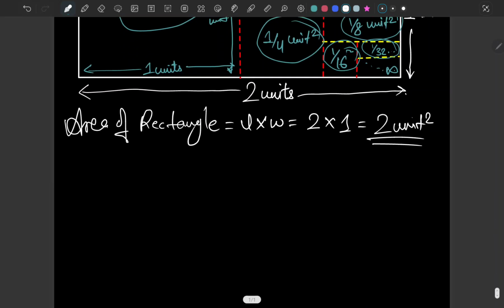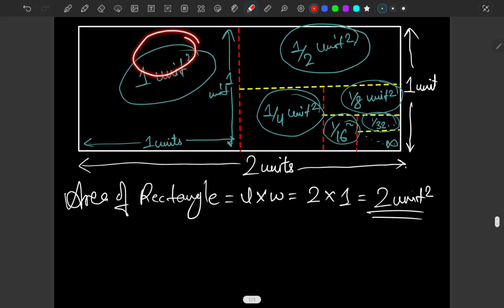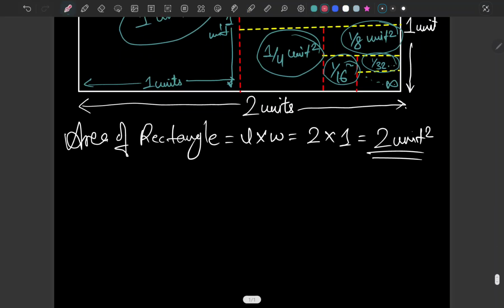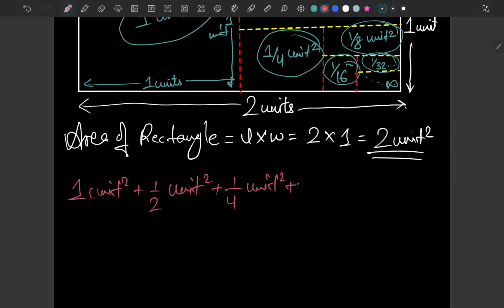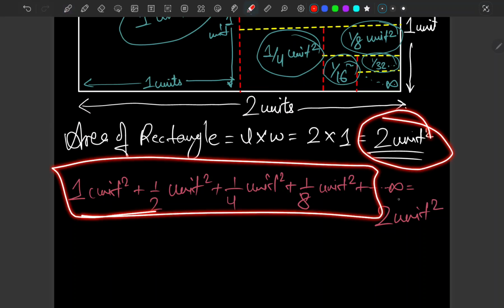So when we add this up, it's 1 plus 1 over 2 plus 1 over 4 plus 1 over 8 plus 1 over 16 plus 1 over 32, and that just keeps going up to infinity. So it's 1 unit squared plus 1 over 2 unit squared plus 1 over 4 unit squared plus 1 over 8 unit squared, and so on all the way up to infinity, is 2 unit squared from this very equation, because this is the area of the rectangle.